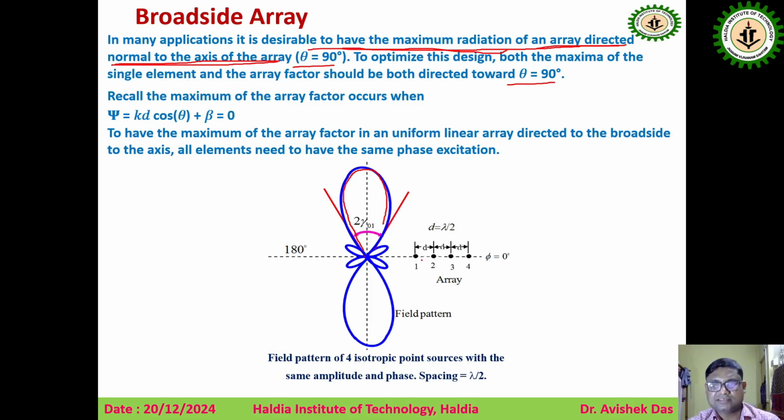If this one is the array, this one is antenna 1, this one antenna 2, this one antenna 3, and this is 4. So this is the axis of the antenna and the maximum radiation is normal. Normal means 90 degrees from the axis, and such type of radiation is known as the broadside array.